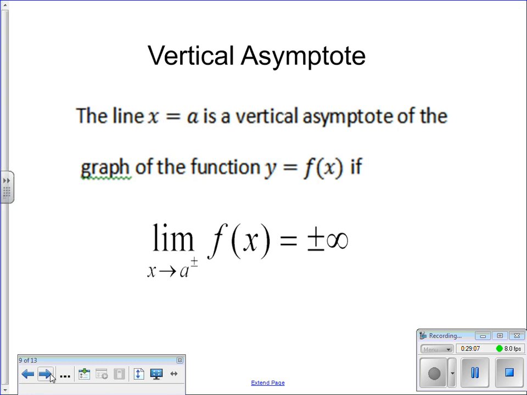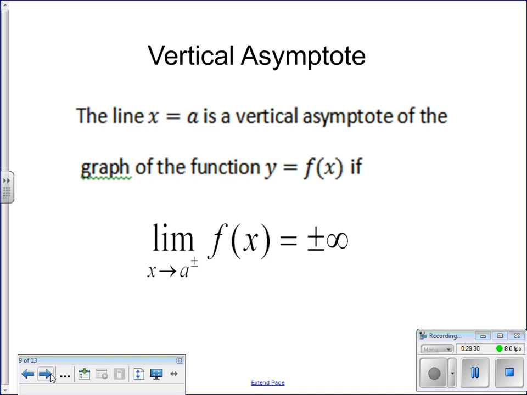Okay. Vertical asymptotes are nearly the same idea, only instead of taking the limit as we head towards infinity, we take the limit towards a particular value.